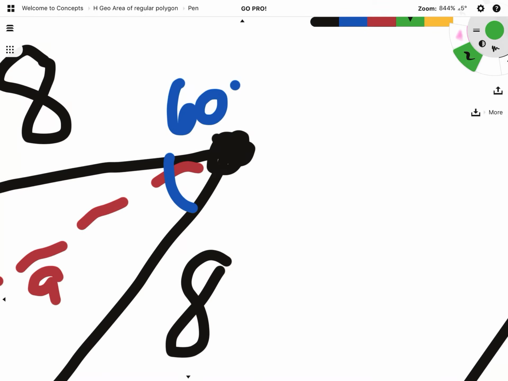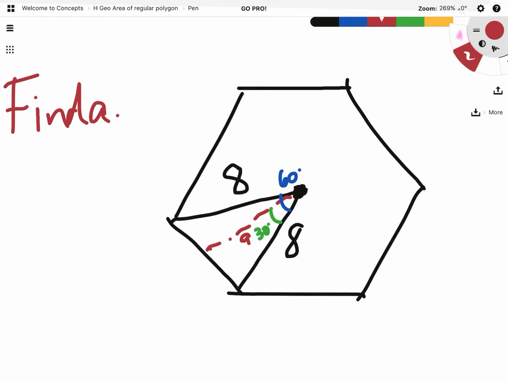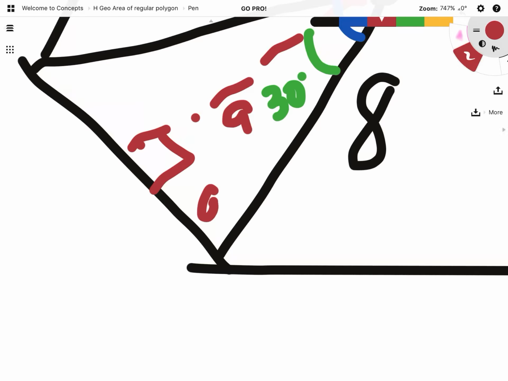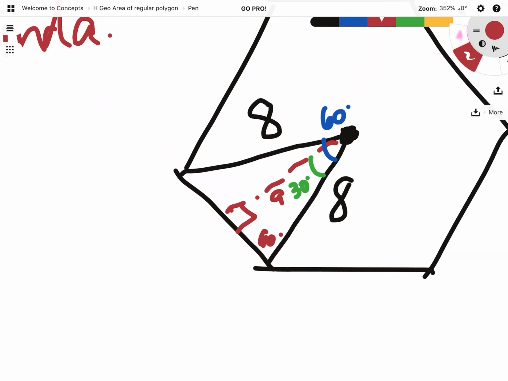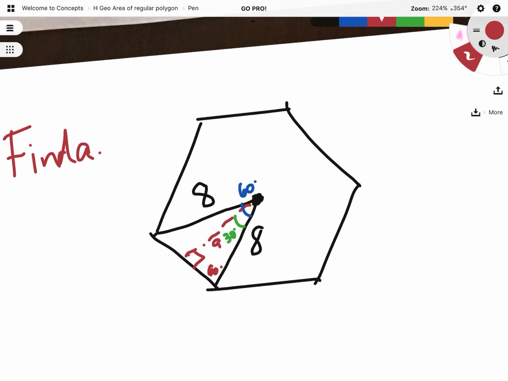But we don't want to know that whole angle, we want to know half of it. So there's 30 degrees. We also know by definition the apothem is perpendicular. So if this is 90, that's 30. The angle down here will be 60 degrees. And then it's a 30, 60, 90 triangle.